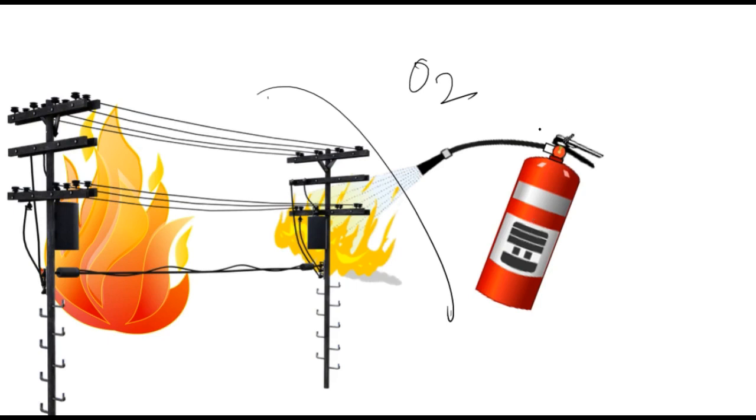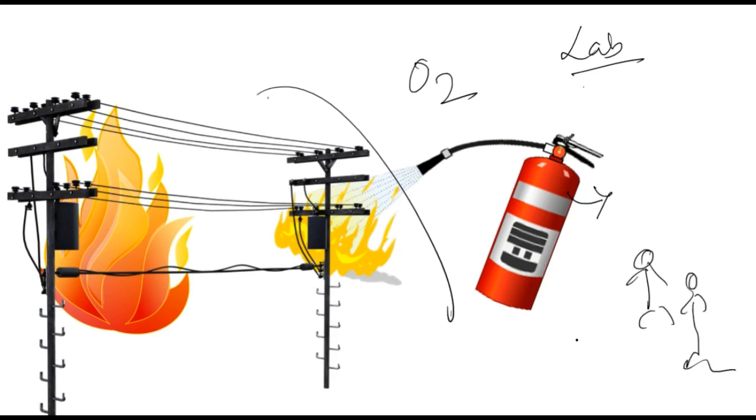Therefore we should always remember the places where there is a possibility of such accidents, such as laboratories, companies, and where there are more electrical equipments. We need to have fire extinguishers fitted to the wall, and the people also should be trained how to use these fire extinguishers.